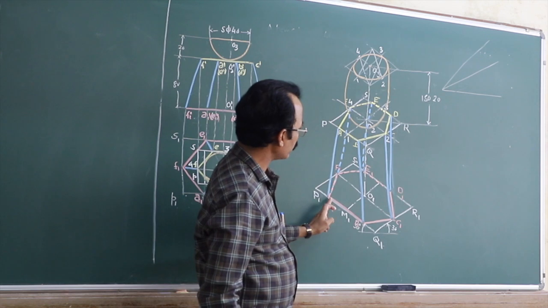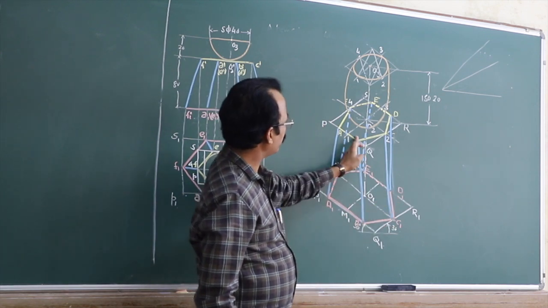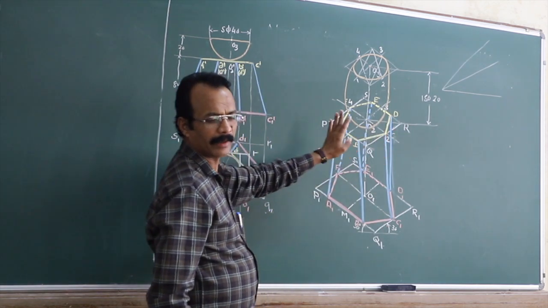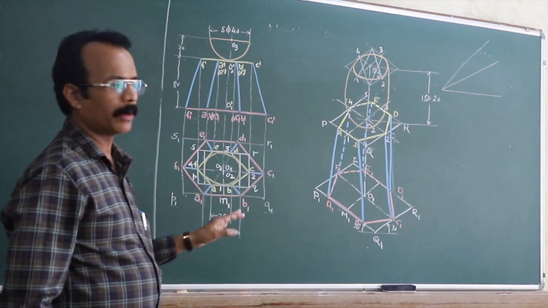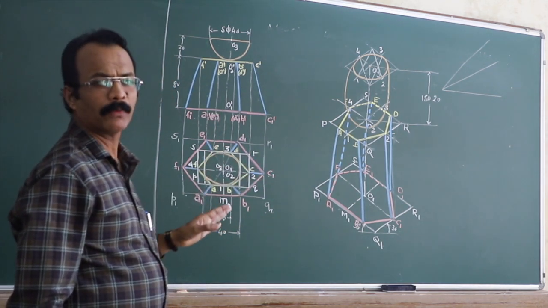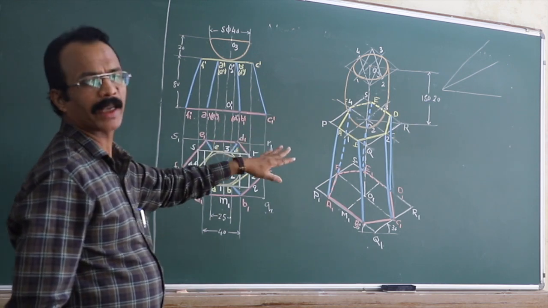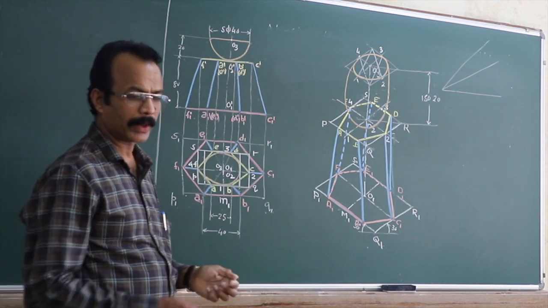Then front portion A1, B1, C1, D1 should be dark, then B1, C1, D1, you have already done it dark there, right. So this is the method of solving the problems when it is a combination of solids. So here we have covered the frustum of a hexagonal pyramid along with a hemisphere, okay.